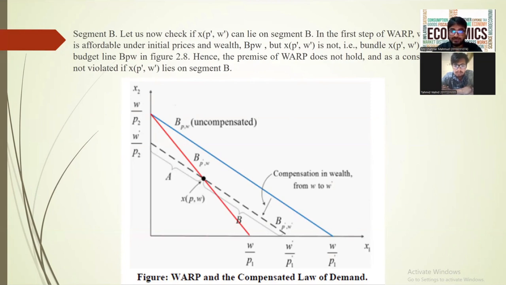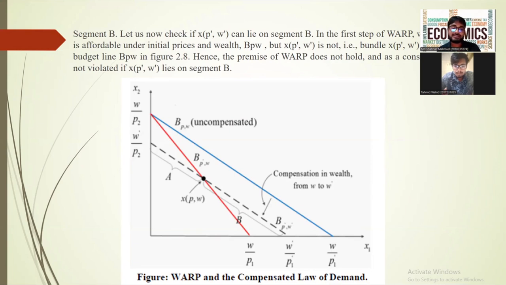For instance, if the good is a Giffen good, its demand curve could be upward sloping. Therefore, we cannot conclusively determine the slope of the Walrasian demand curve from this analysis.